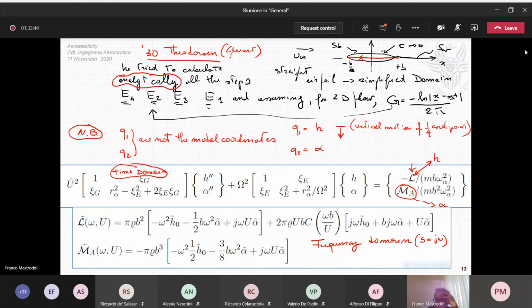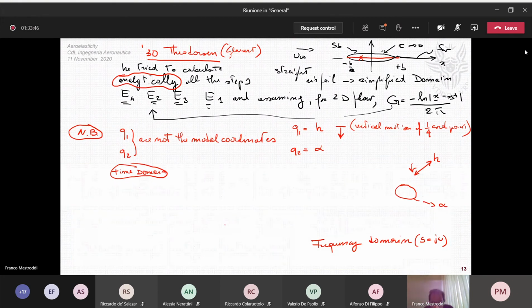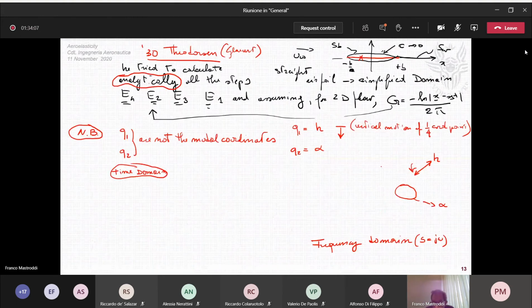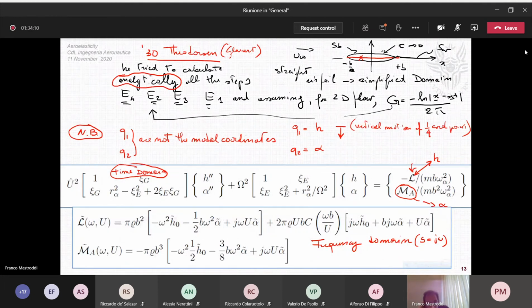Okay, what did we expect by the general theory? We expect a polynomial dependency with respect to s up to second degree, and also a transcendental dependency of type e to the power of something. And this is just what Theodorsen obtained by his theory. And note, we have the lift, which is decomposed into two parts.